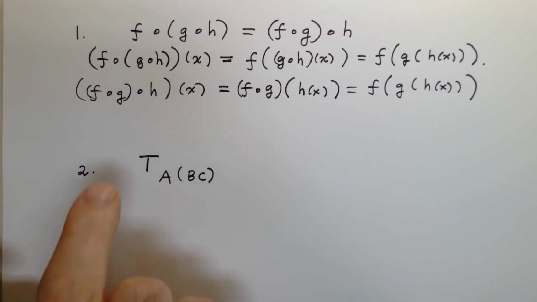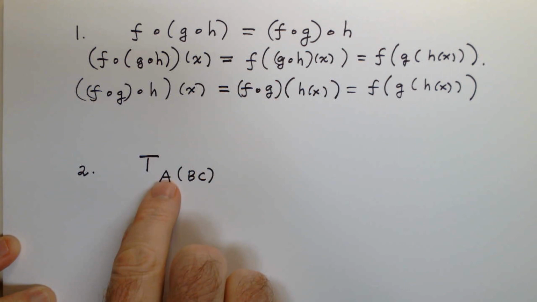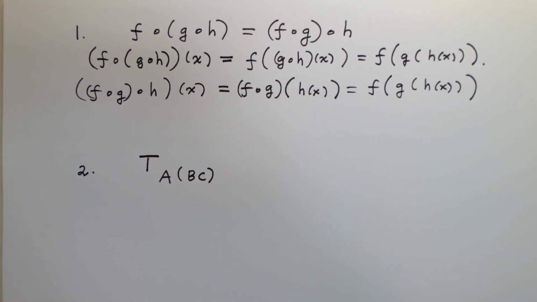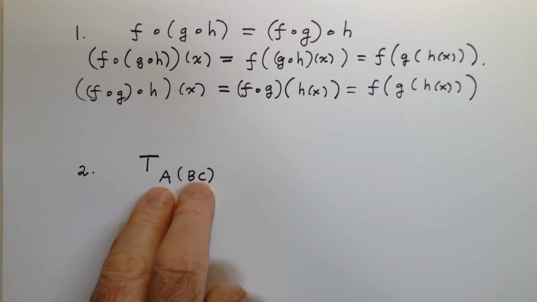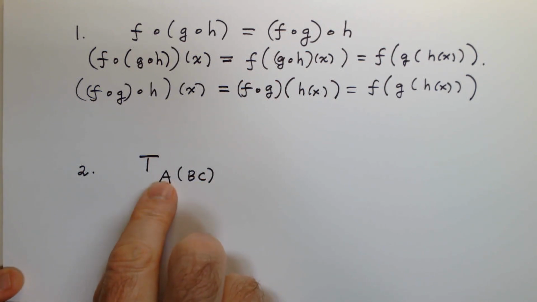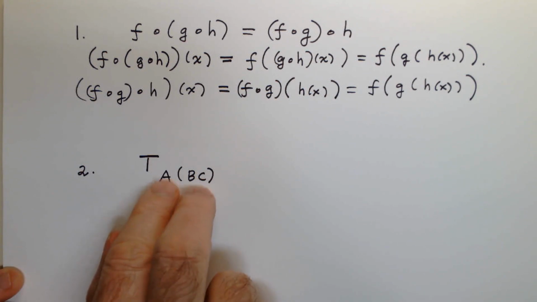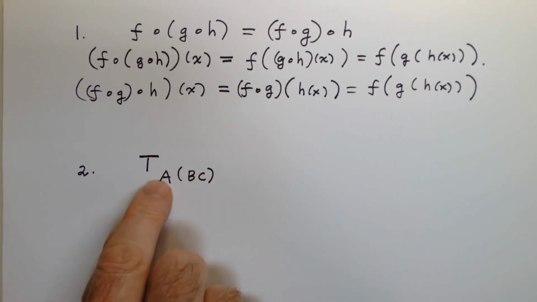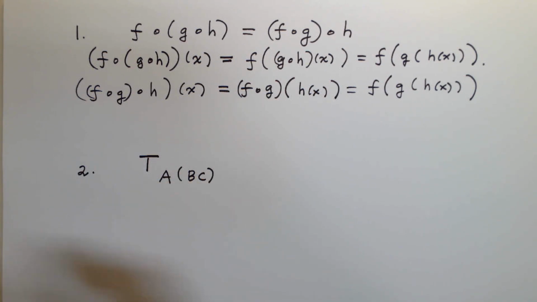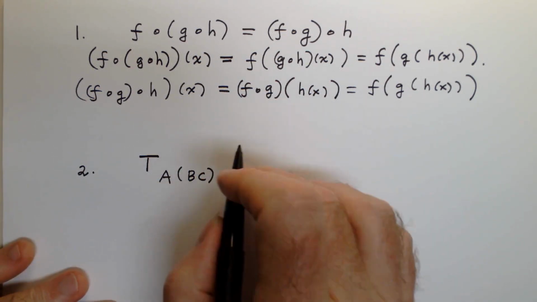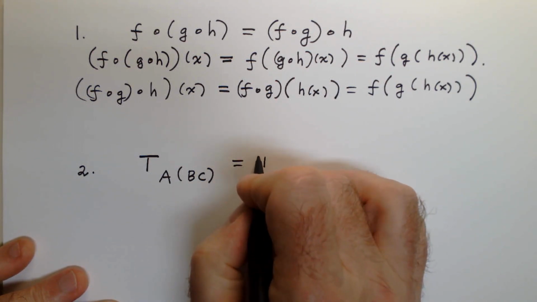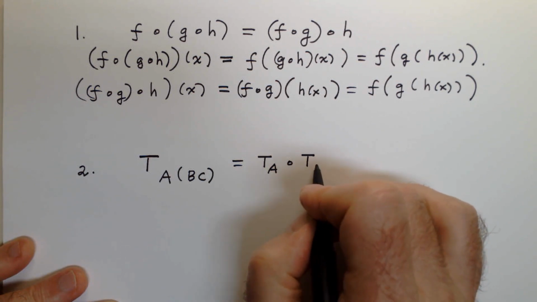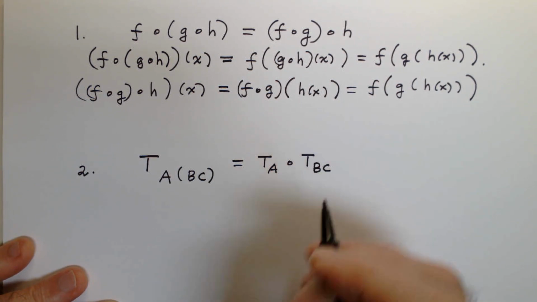Let's think of T, the transformation derived from the matrix product A times B times C. Because this is a product of two matrices, I'm going to call one matrix A and the other one B times C. We know that the transformation associated with the product of these two matrices is a composition of two transformations. So this will be the transformation derived from A composed with the transformation derived from BC.